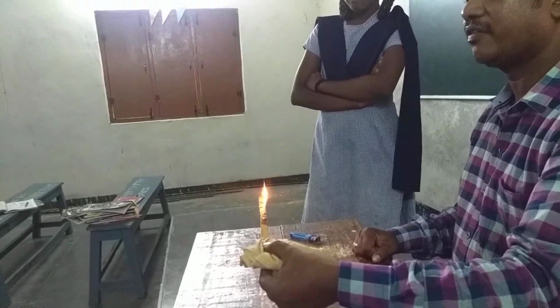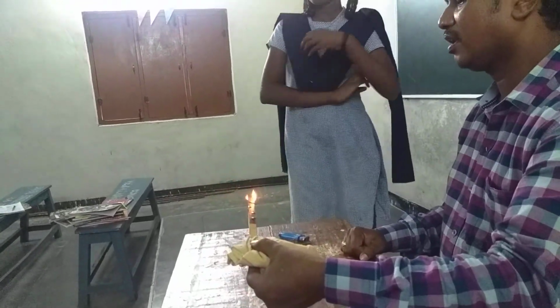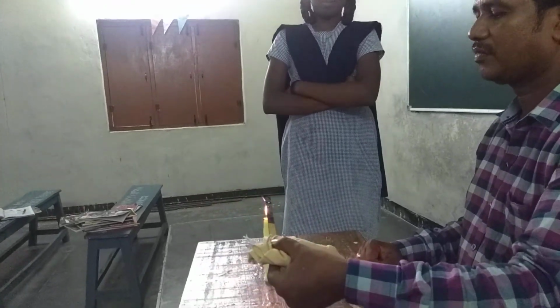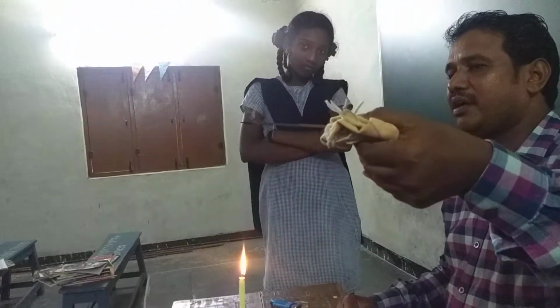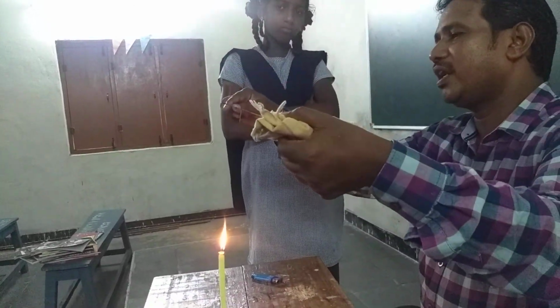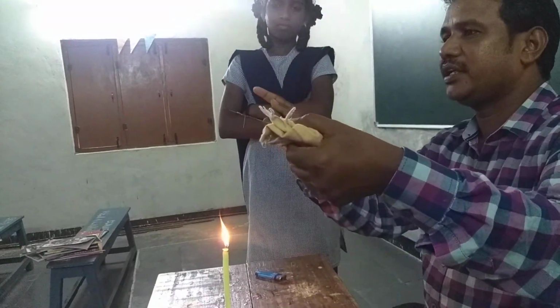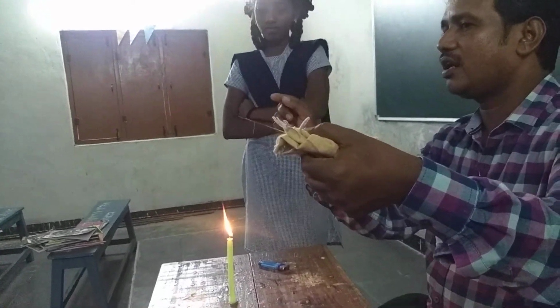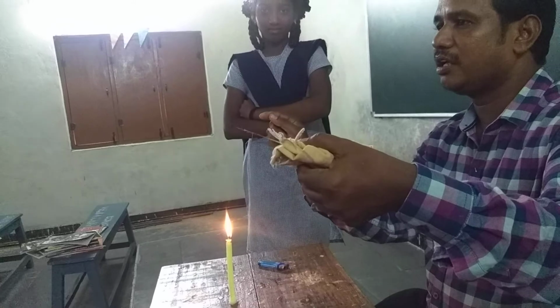The first pin has fallen quickly, which is nearest to the flame. The second pin has taken certain time. The third pin will take more time. From this experiment you have to understand that from one end to another end, the heat energy is supplied to the metal rod, and it is transmitted along the metal rod.